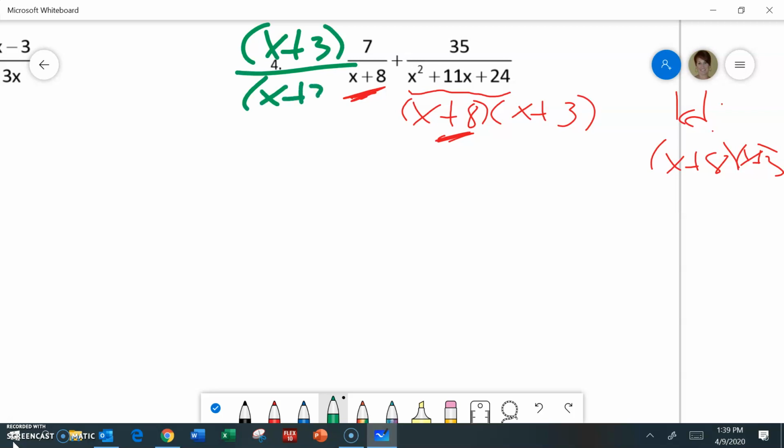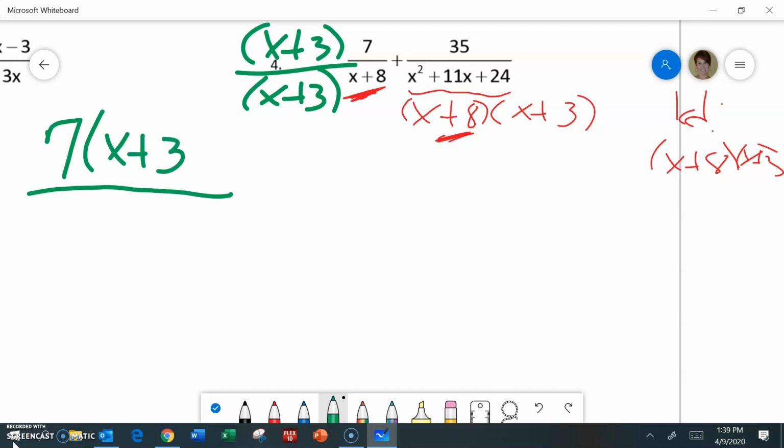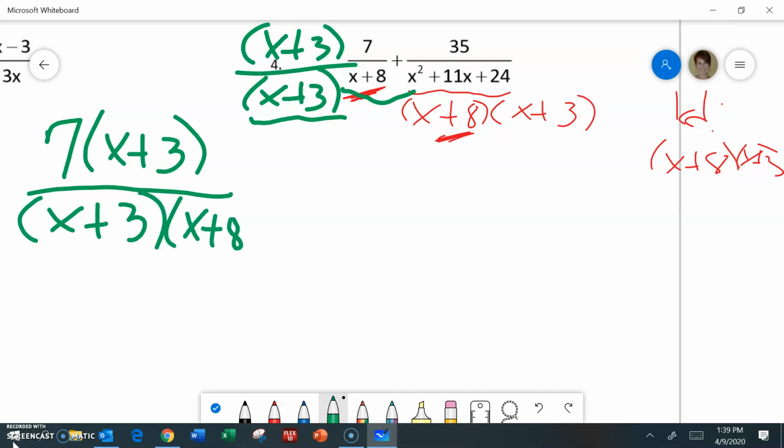Now, I know this is a little weird, so if you need to push pause and think about what I'm doing. So right now, my first fraction is going to say 7 times, I'm just writing that backwards to make it easier, 7 times x plus 3. The denominator would be this x plus 3 times this x plus 8. I am not going to actually FOIL that out or anything.